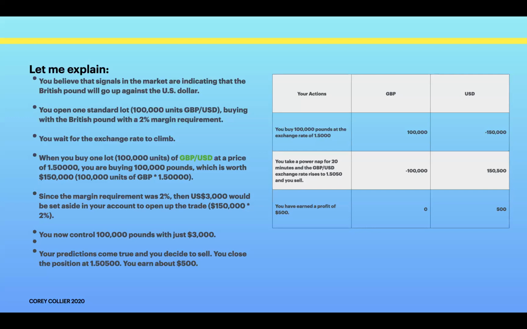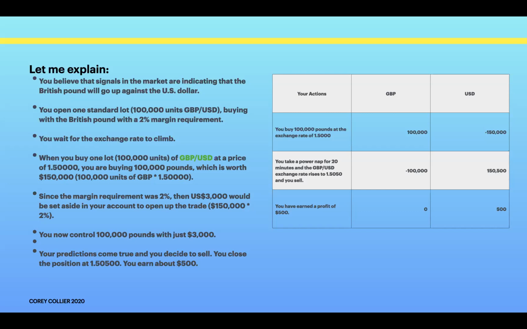And when you buy one lot, or 100,000 units of the GBP at a price of $1.50, you are buying 100,000 pounds, which is worth $150,000. Okay, so the math is 100,000 units of the British pound locked in at $1.50.